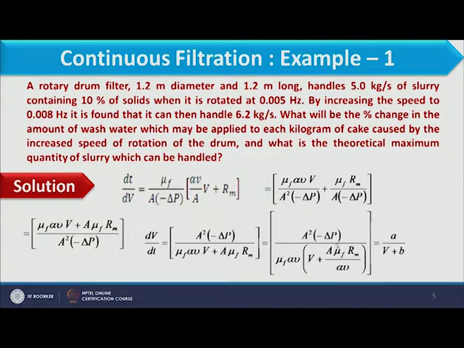V is there, and all the other parameters club into one constant b. So we can write the whole expression as dV by dt equal to a by (V plus b), and further integrating it gives V square by 2 plus bV equals at.